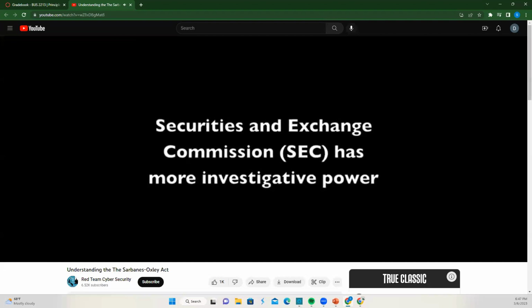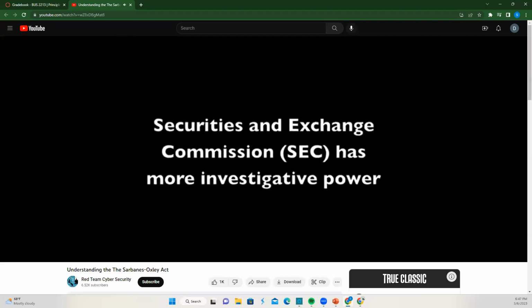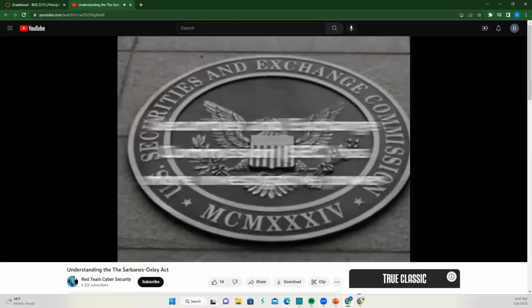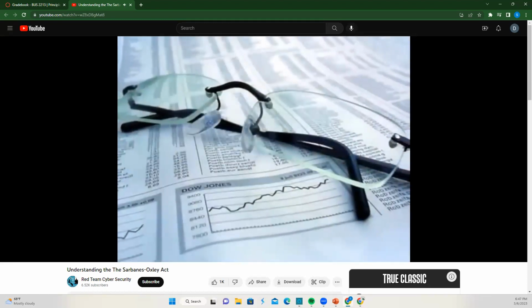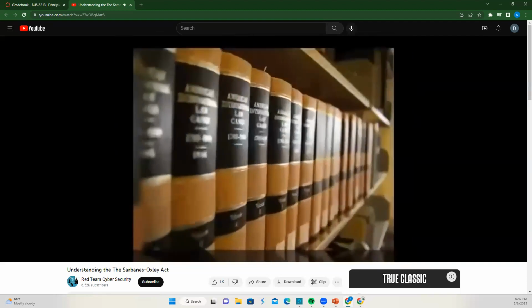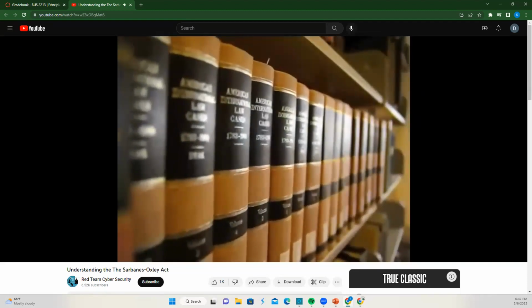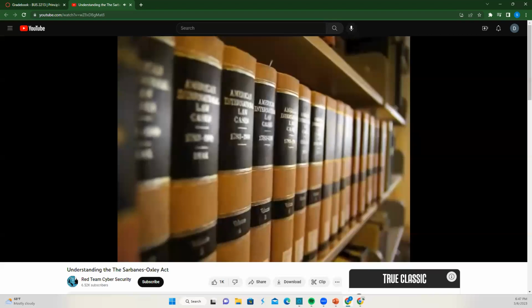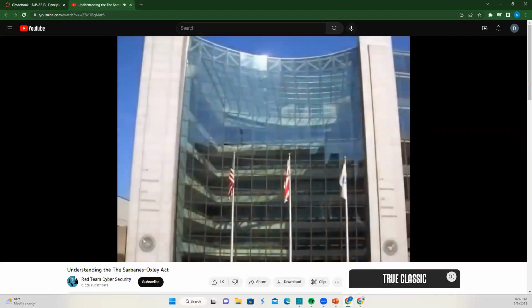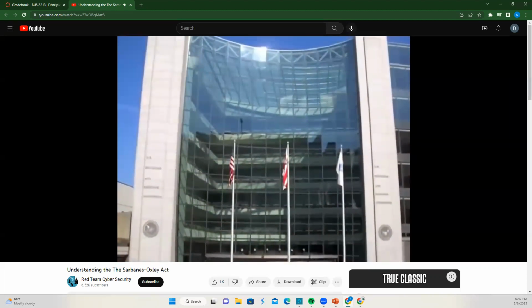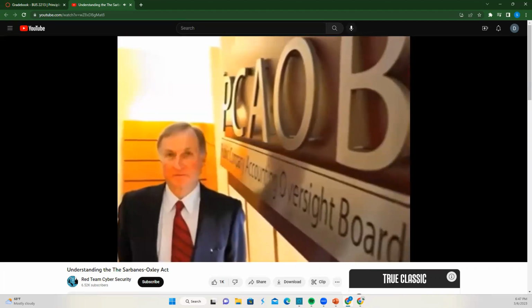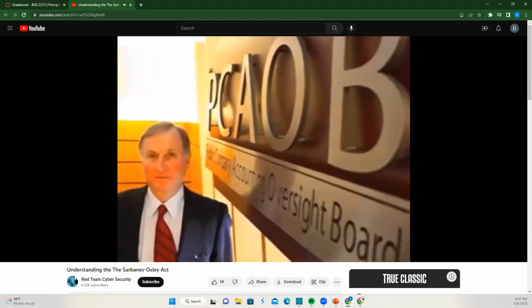Finally, the Securities and Exchange Commission is given more power to look into companies that are suspected of wrongdoing. The SEC will now do random reviews of companies to ensure that they are complying with the Sarbanes-Oxley Act. Their reports are then published and released to the public for viewing. The SEC has a special division that is designated to work with Sarbanes-Oxley issues. This division is called the Public Company Accounting Oversight Board.